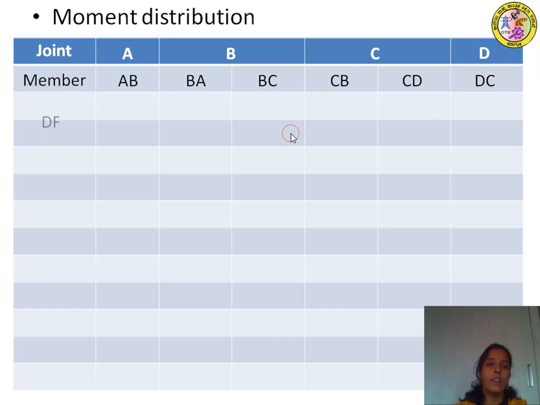So next, in the next row, we will write the distribution factors for each member. For AB, we don't have a distribution factor. For BA, it is 0.44. For BC, 0.56. For CB, 0.625. And for CD, it is 0.375. So those are the distribution factors. Next step is to write the fixed moments.